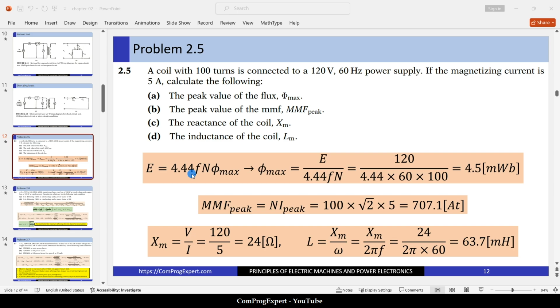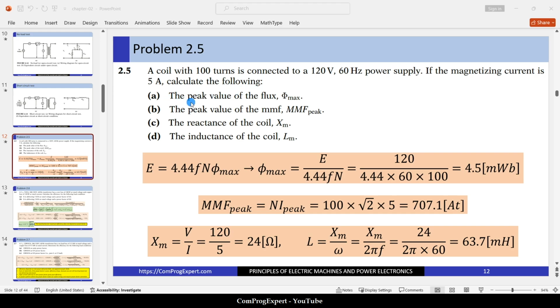So, problem 5. A coil with 100 turns is connected to a 120 volt, 60 hertz power supply. If the magnetizing current is 5 amps, calculate the following.